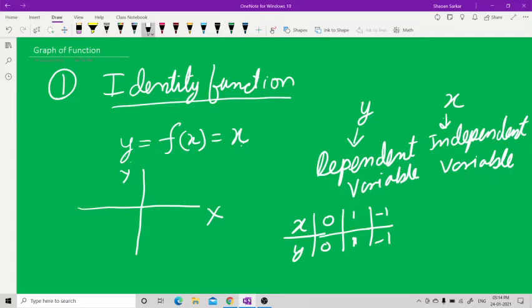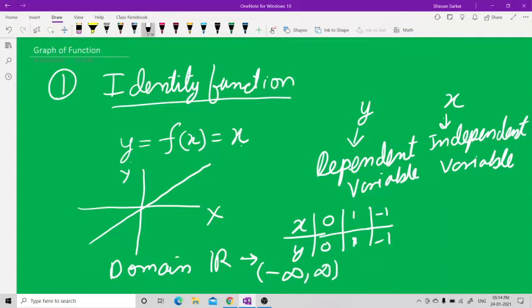So the line would go straight like this. This is the graph of the identity function. The domain of this function is completely R, which can also be written as minus infinity to plus infinity.